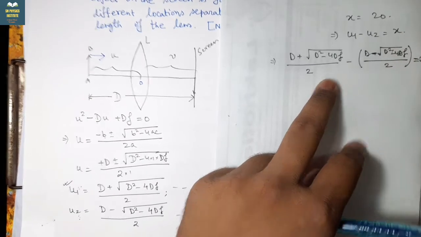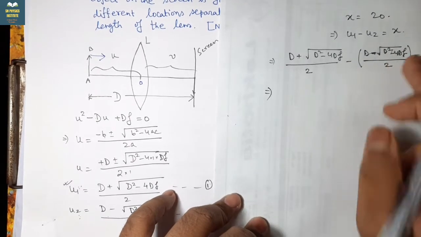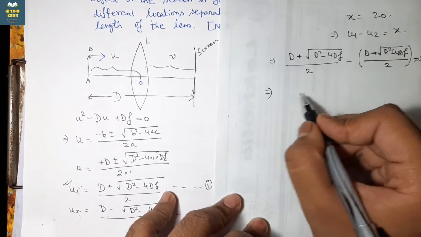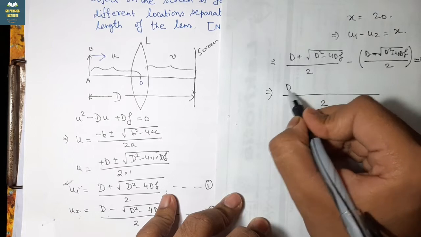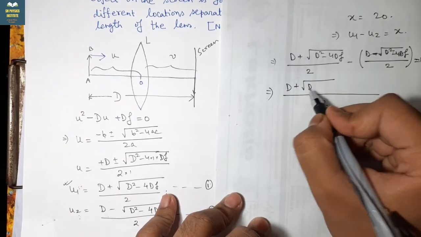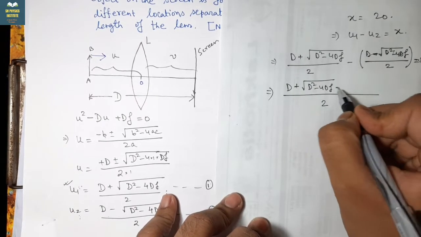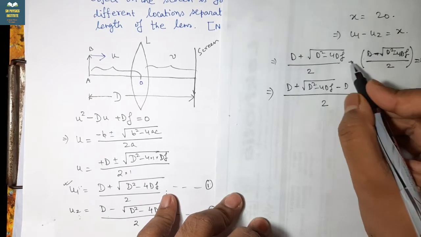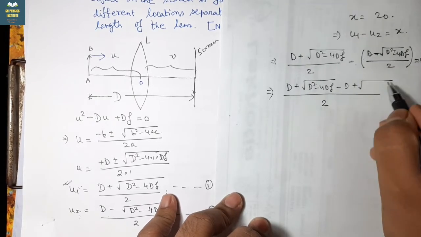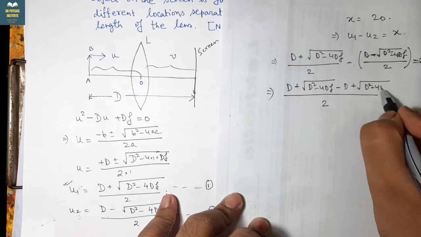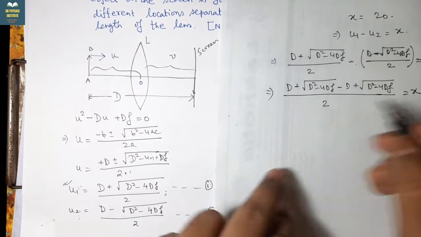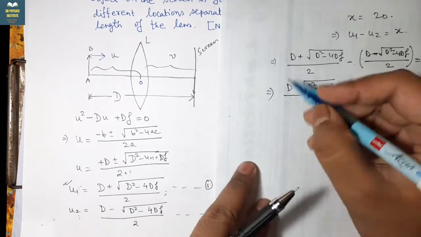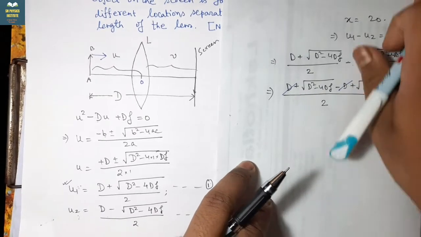If you understood this, 2 is your LCM, so this is equal to d plus root under d square minus 4df minus d plus root under d square minus 4df, just this is equal to x. So d and d are cancelling.